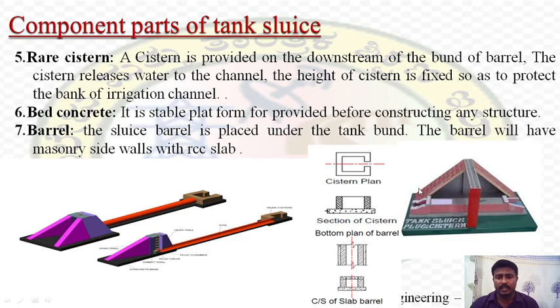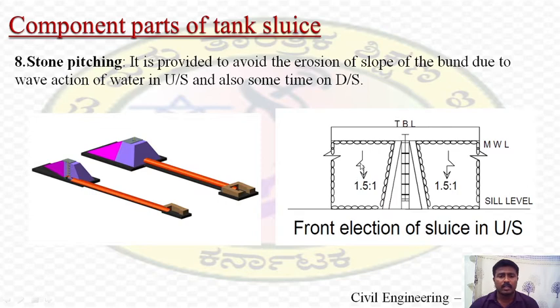In this figure, it is provided to avoid erosion of the slope of the bund due to wave action of the water on the upstream. In some cases, the stone pitching should be provided on the downstream also. So these are all the components of a tank sluice.